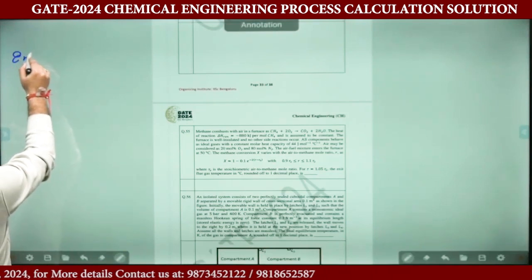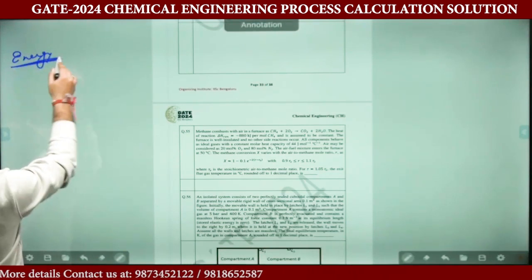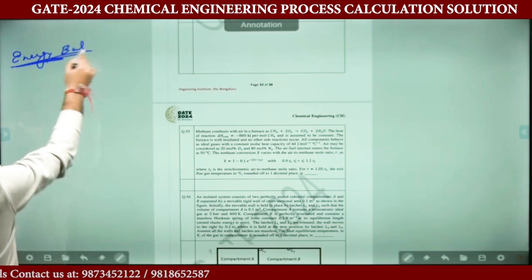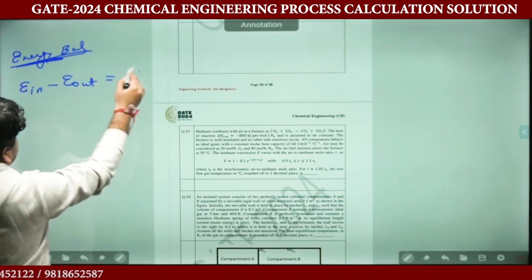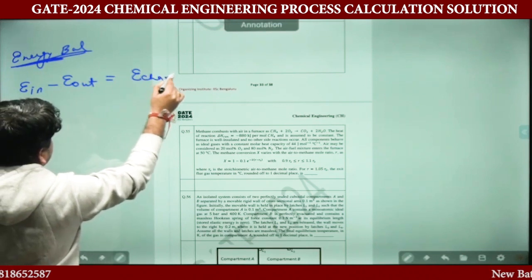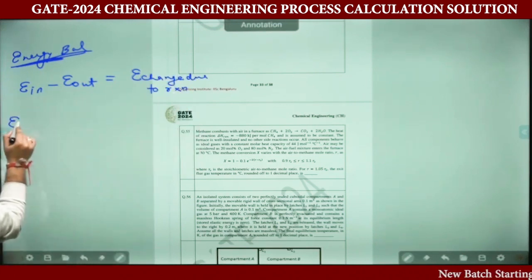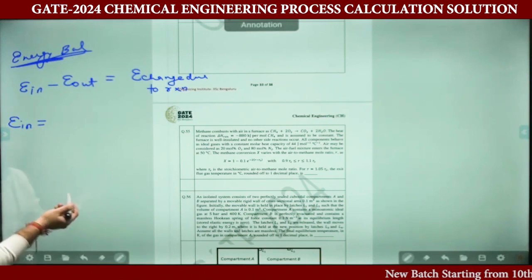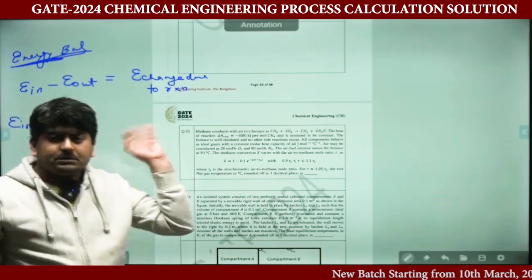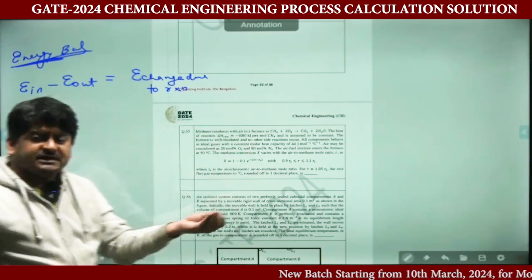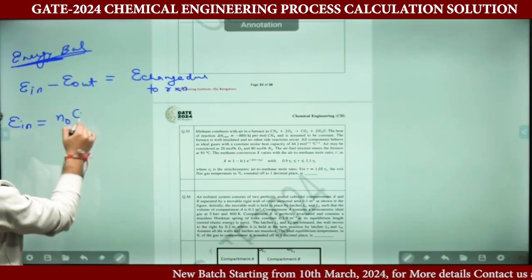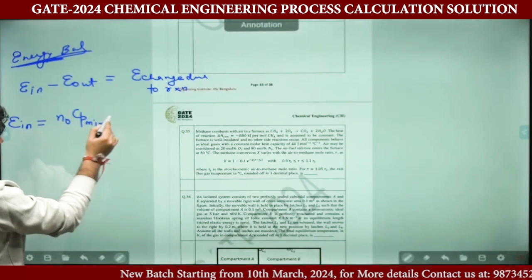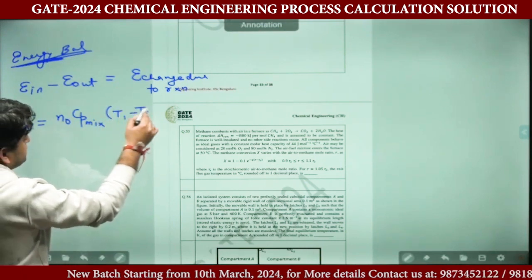So energy balance will be like total energy in minus total energy out is equal to total energy change due to reaction. Okay, so here you guys can see total energy in due to air, CH4, that means total moles entered, Cp of mixture multiplied by T1 minus T0.